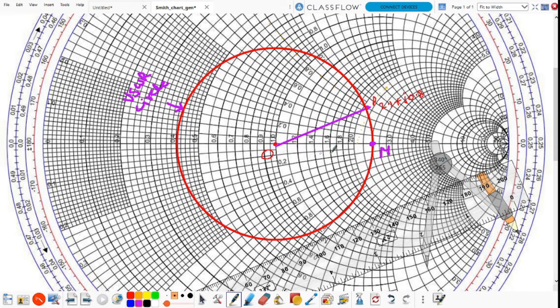From the center to point M, the distance is 2.5. So the VSWR value is 2.5.